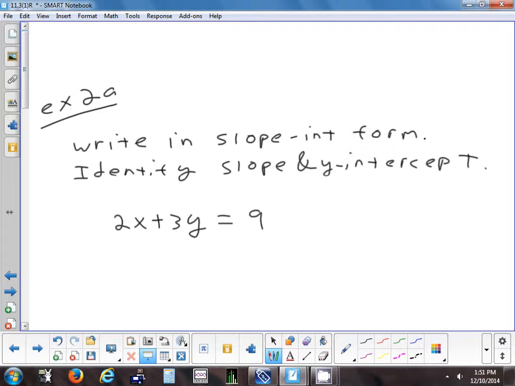So now we want to try to do the same thing again. Is this in slope-intercept form? No, why not? What's wrong with it? Okay, the 3 in front of the y, yeah. What else? That's one big thing. Y isn't alone. One more thing too. Y is not alone.